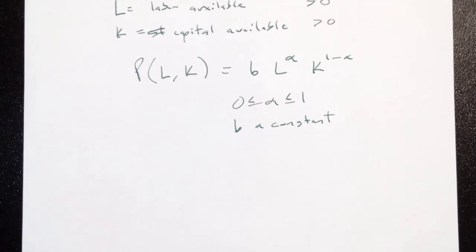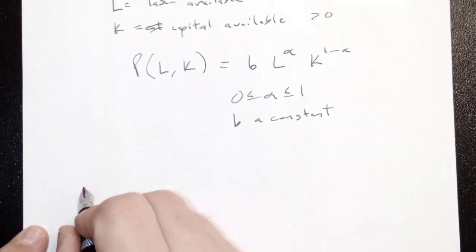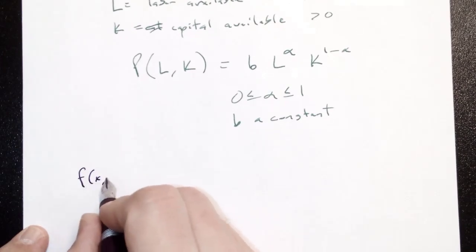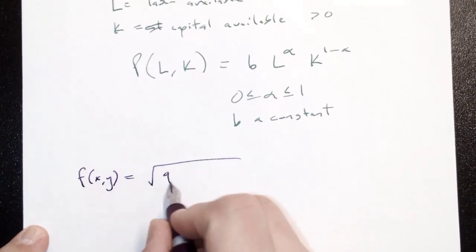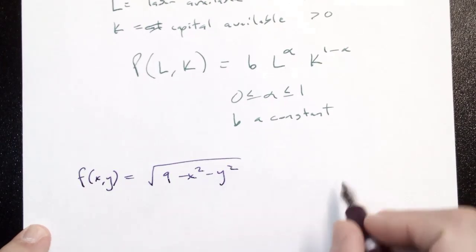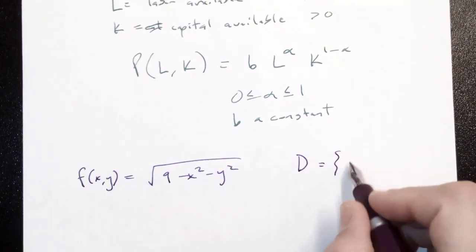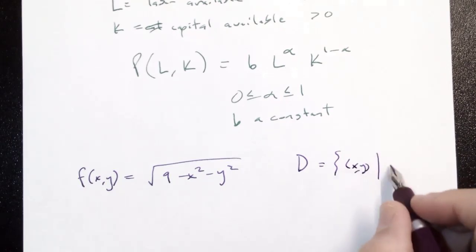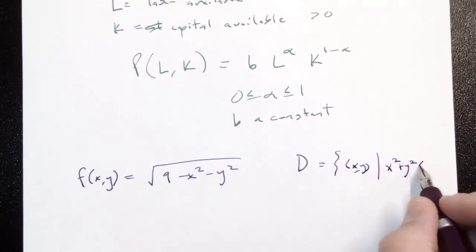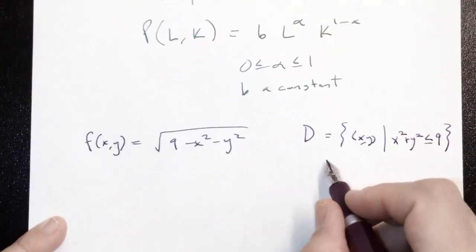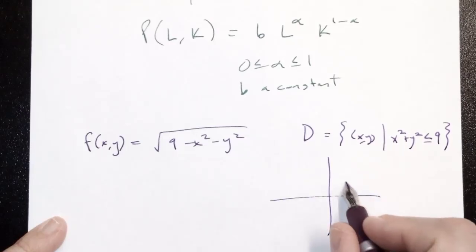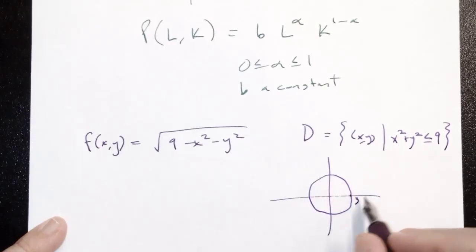We have in that equation, we know our domain is the set of xy so that x squared plus y squared is less than or equal to 9. And we know that that's the picture of the circle of radius 3.